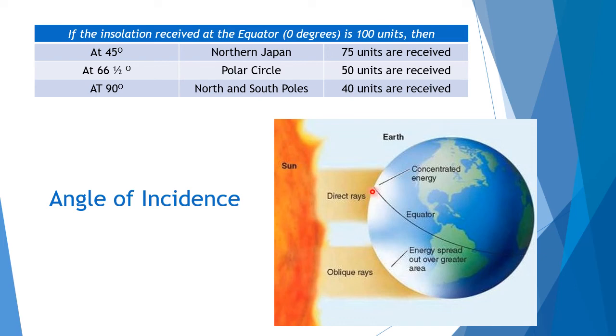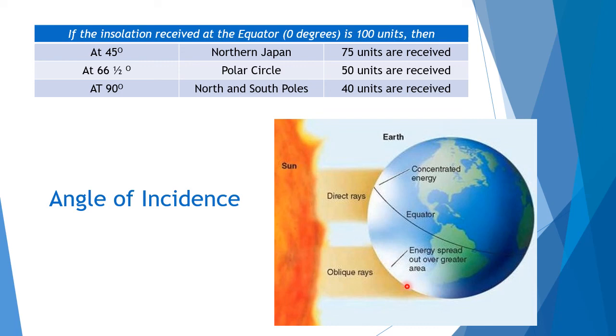At 45 degrees from the equator, it gets 75 units of energy. At 66.5 degrees, the Arctic circle or Antarctic circle, it receives 50 units of energy. Towards the south pole or north pole, it gets 40 units of energy.